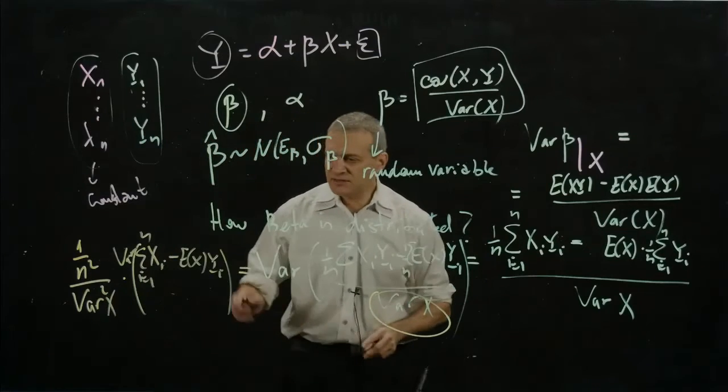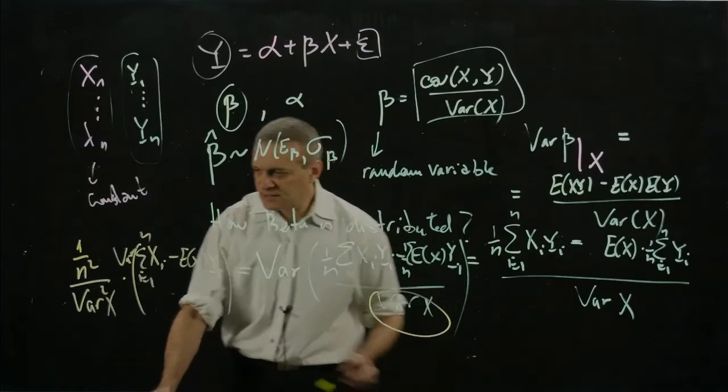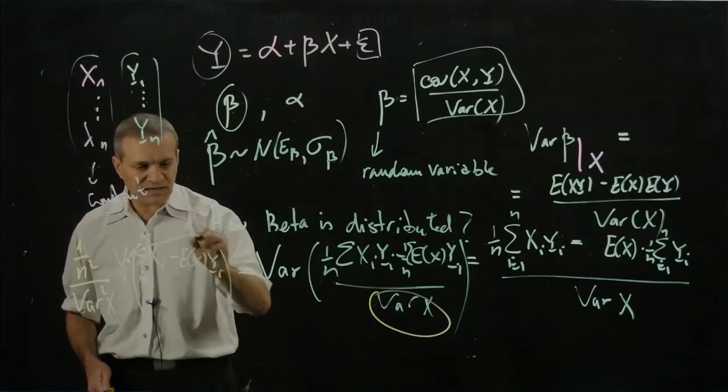Now, we assume that the xi are constants, so these are constants.